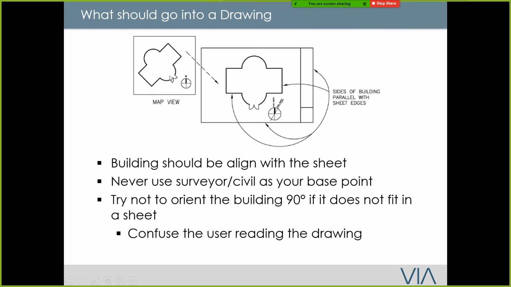In Revit, it becomes a nightmare to do dimensioning because if you do it off angle and the users are not careful, you cannot dimension to walls. I've seen people do this, and it just drives them nuts. So if you have to do a drawing that's off angle like this, when you start up a project, always rotate it so that the building is parallel to the sheet. And if this is your true north, you just add it in: this is the project north, and this is the true north.